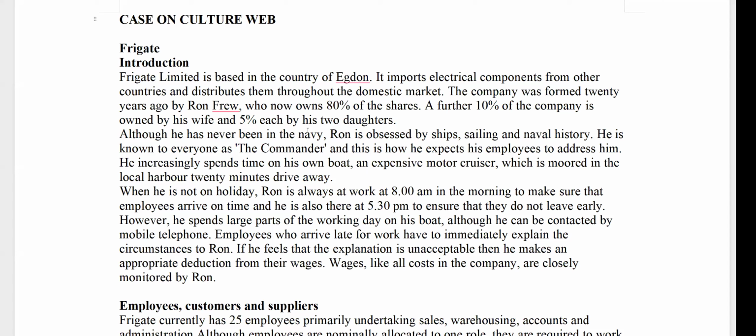A further 10% is owned by his wife and 5% by his two sisters.